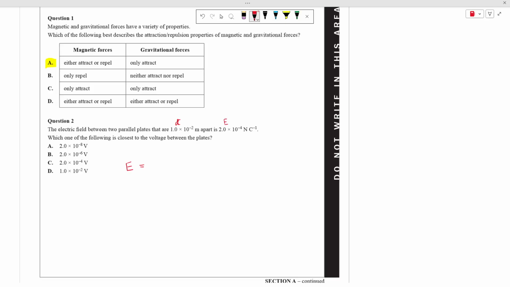Electric field is voltage per meter, so V equals ED, which is 1 times 10 to the negative 2 times 2 times 10 to the negative 4. Alright, quick calculation off the cuff. 1 times 2 is 2. 10 to negative 2 times 10 to negative 4 is 10 to negative 6. So 2 times 10 to the negative 6. Our answer there is B.